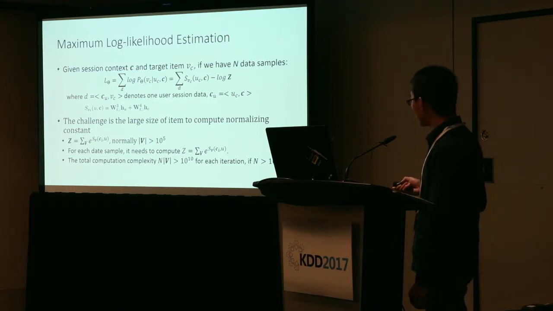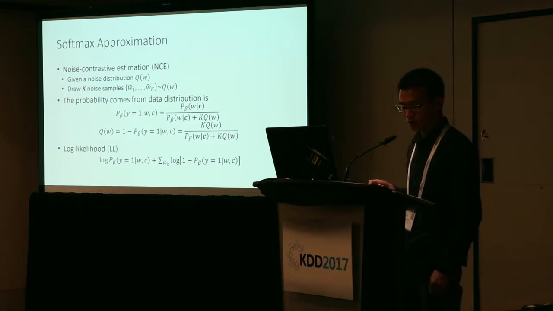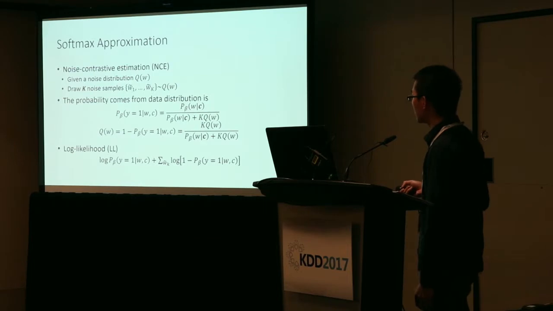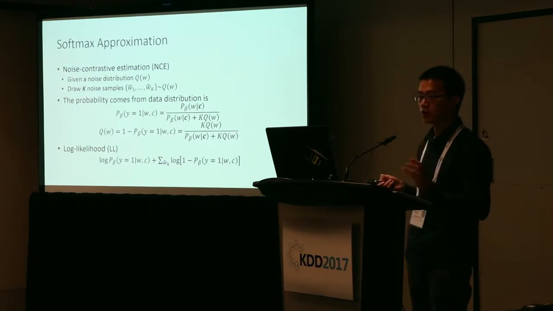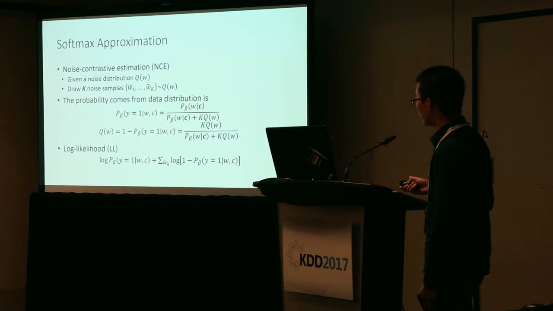The traditional way to solve it is to use NCE, noise contrastive estimation. NCE works in this way. We assume a noise distribution Q, and we randomly draw K noise examples from this distribution. Then we can formulate two probabilities.